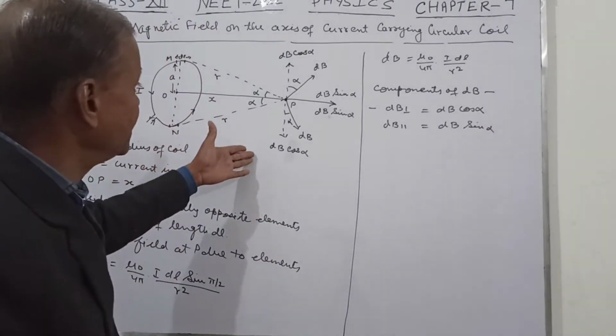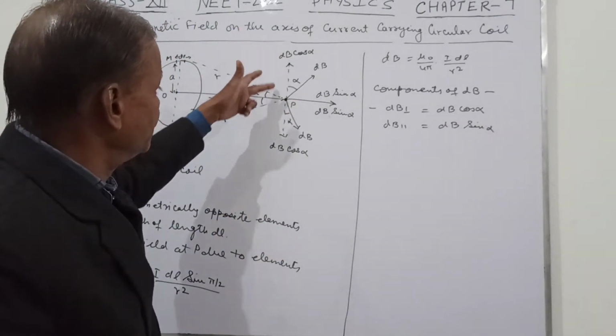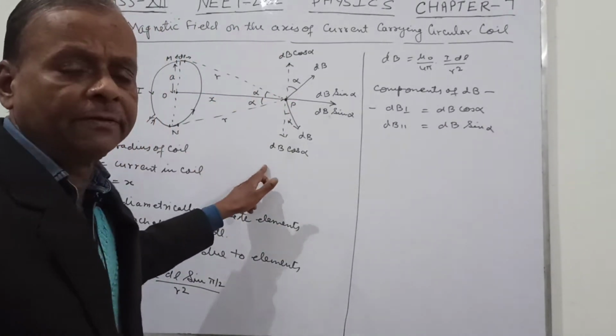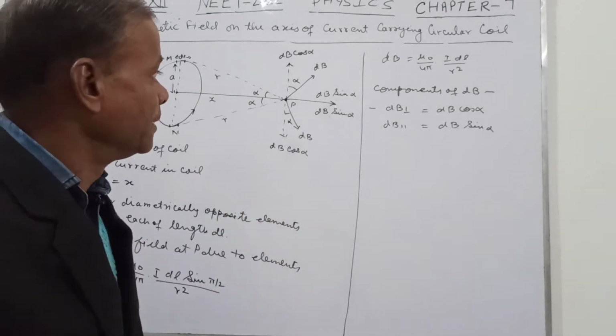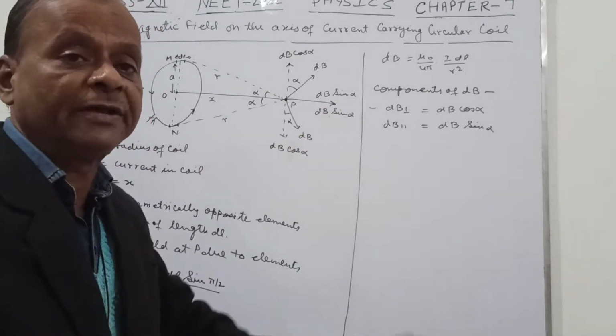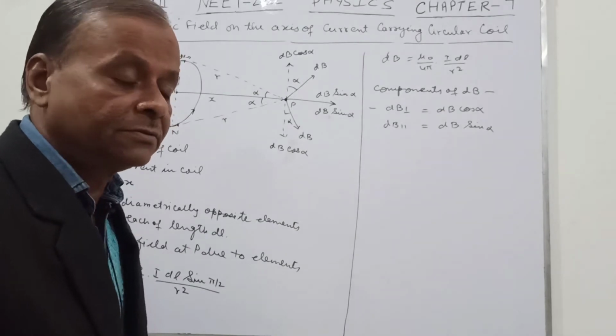So now you can see that the sum of these components dB cos alpha will be equal to 0. So we can have a large number of diametrically opposite elements.